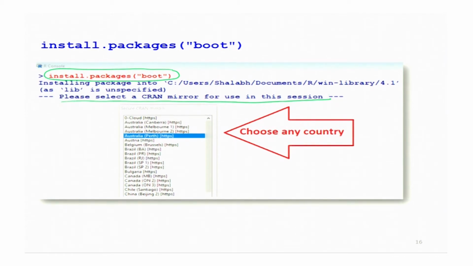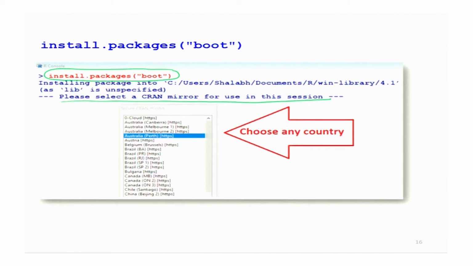If you try to recall, we discussed earlier that R software has been uploaded on different websites and hosted by different institutions. So, similar to what you observed while downloading R, the same thing you will observe when you are trying to download a package.